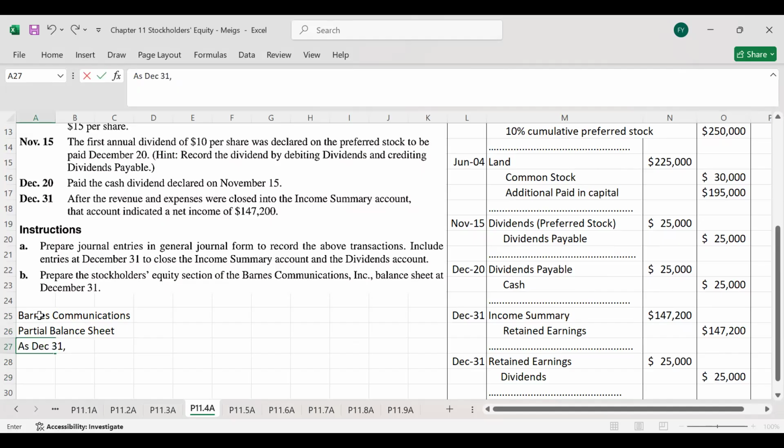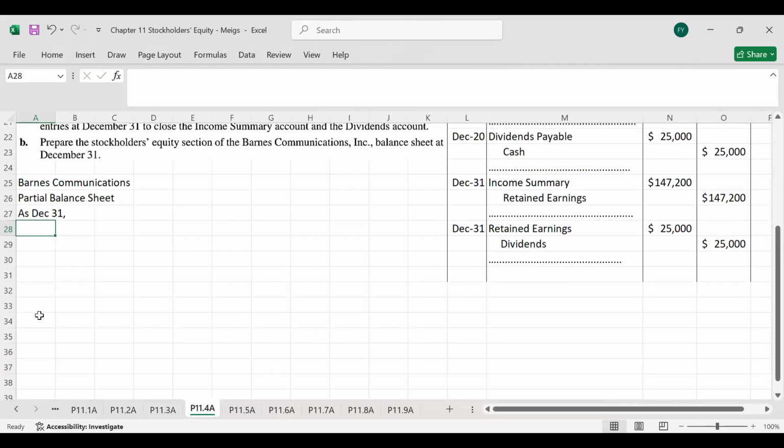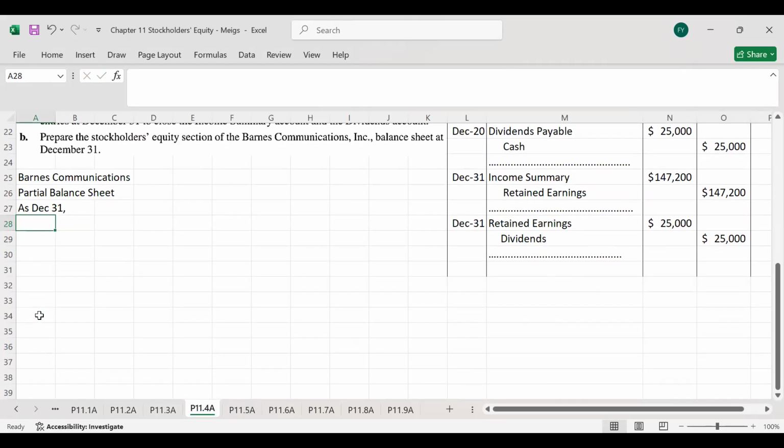Year is not given, so just now. First of all, we present stockholders equity portion. In this portion, we mention common stock.